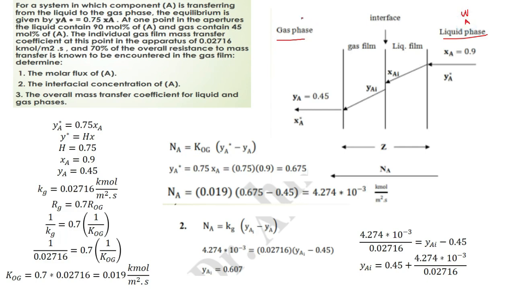Gas is oxygen, let's say it is oxygen or air. I am writing this just for the sake of understanding. And this A wants to transfer to this air. Okay, A is any component. So for the system in which component A is transferring from liquid to gas phase, the equilibrium is given by this formula, this is the equilibrium expression, y star is equal to 0.75 XA.